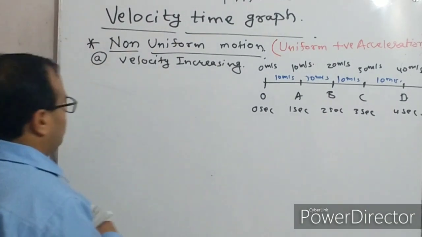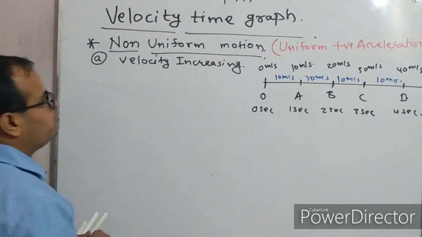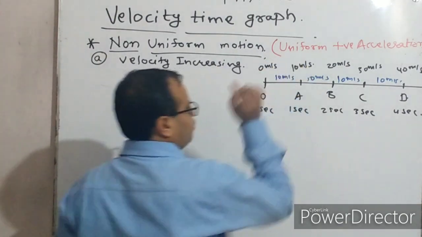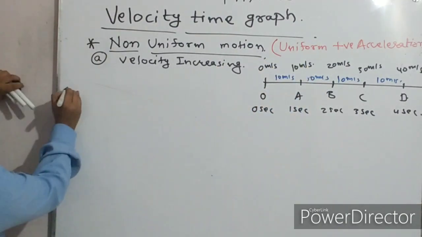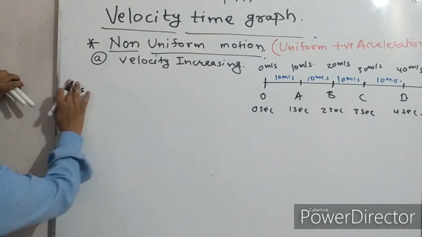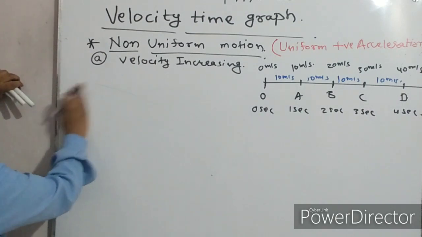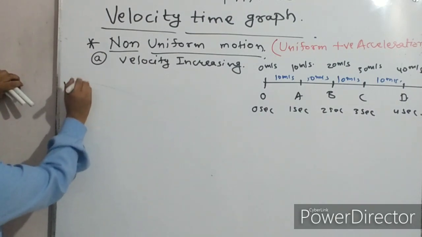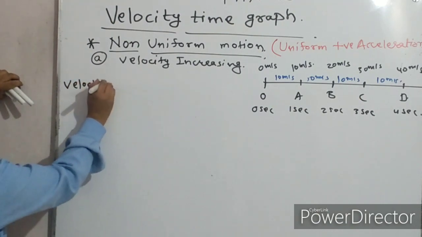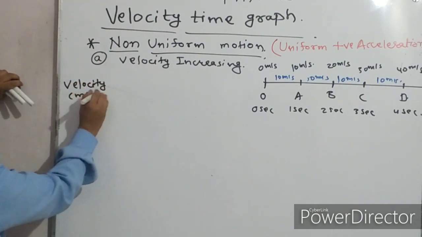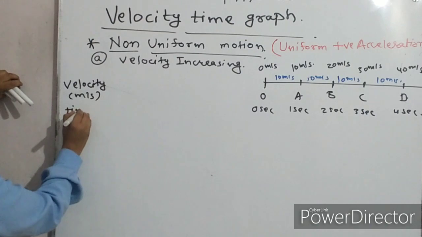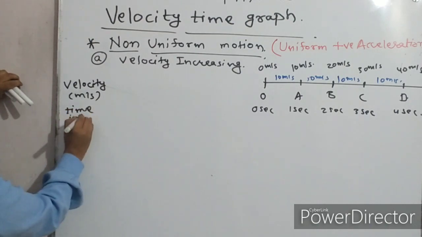Okay, so what you have to do now is plot the graph for this. Here you have, sorry, not distance, now you have velocity, and velocity is in meter per second, and here you have time, and time is of course in seconds.